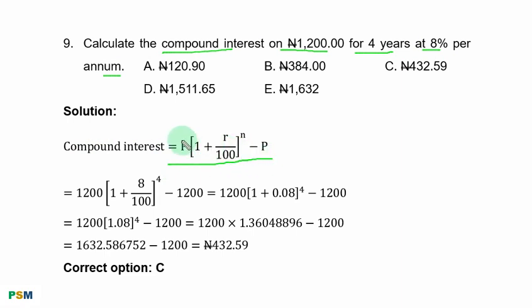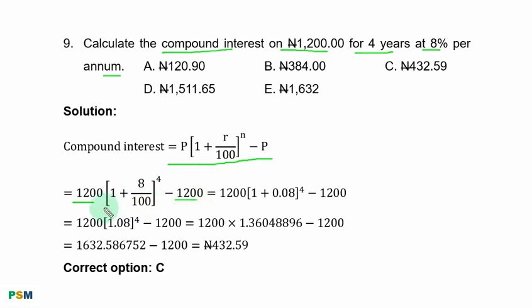P is the principal, 1,200, bracket open, 1 plus R over 100, R is the rate, that is 8, bracket close, to the power of n, the time duration, that is 4, minus the principal.